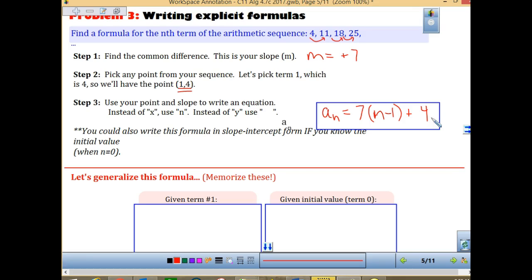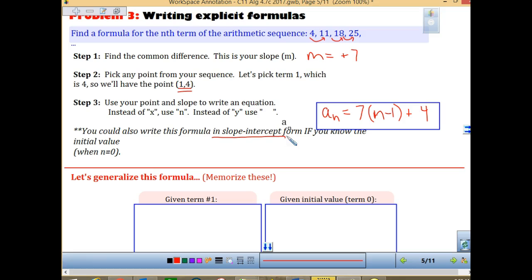Point slope. You do not even have to change it so that it's n. You don't have to distribute it and write it in slope-intercept form. You're done. It says you could also write this in slope-intercept form. If you were going to write it in slope-intercept form, because a lot of you on the last test, when I said write them in slope-intercept, you left a lot of your equations like this on that last quiz.